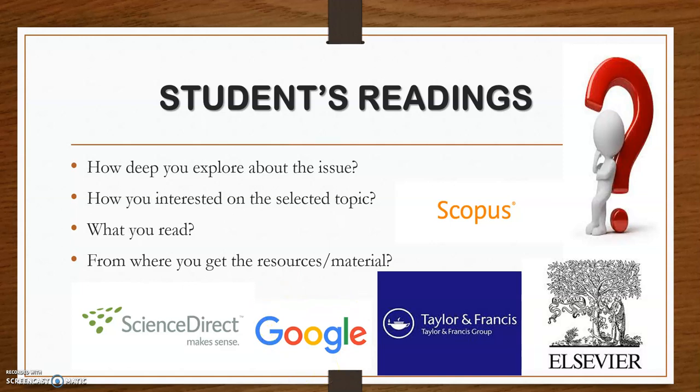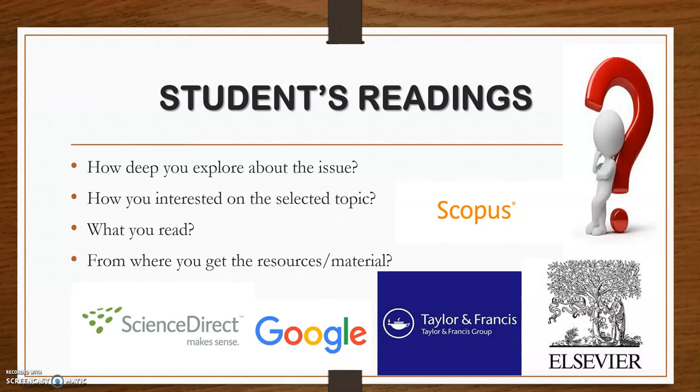But what I can suggest here, at this level, you might know that Scopus is a good source to find quality articles, as well as Elsevier, Taylor and Francis group, and also ScienceDirect. You might also know EBSCOhost, ProQuest, and JSTOR, and some other sources that can give you good material for your readings.